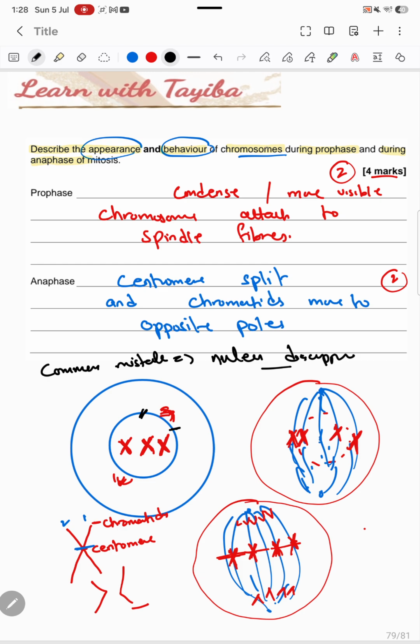Be careful, the question is only about the chromosomes, so only write about the chromosome behavior and appearance, and separate your marks as well. Over here there are 4 marks, and there are 2 stages, so it means 2 marks for each stage. So when you are writing the answer, write at least 2 points. You can write 3 as well, but not less than 2.